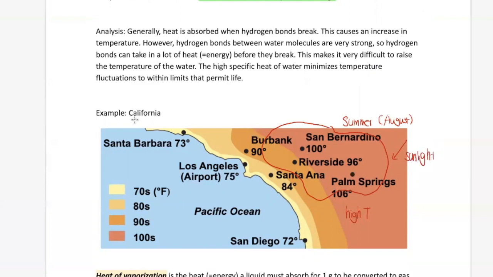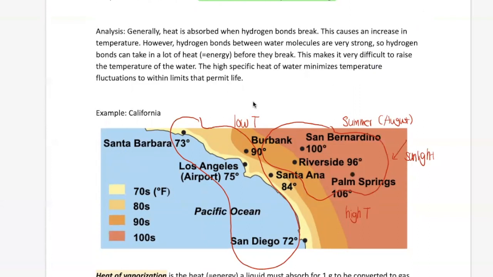But you'll also recognize that the regions where water is nearby have a relatively low temperature. This is because water has high specific heat, meaning that water is able to resist temperature changes.